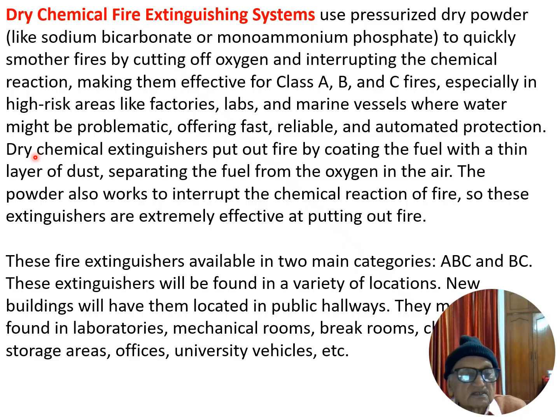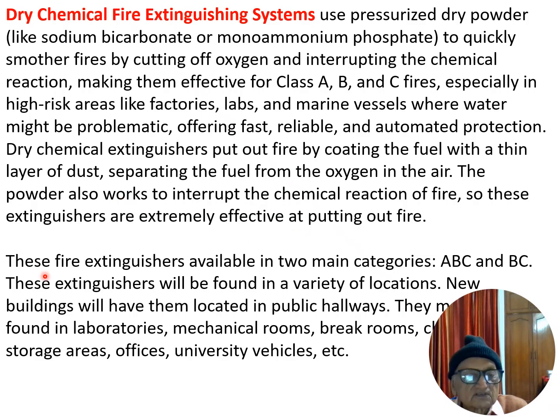Dry chemical extinguishers put off fire by coating the fuel with a thin layer of dust, separating the fuel from the oxygen in the air. The powder also works by interrupting the chemical reaction of fire, so these extinguishers are extremely effective at putting out fire.